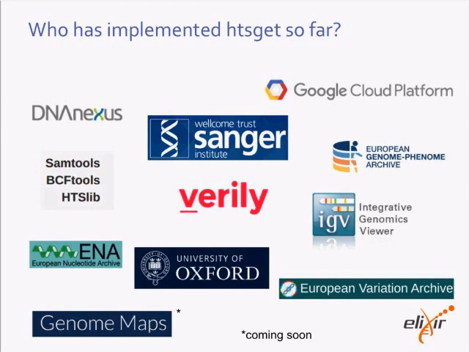SAMtools, part of the HTSlib set of tools, can talk directly to htsget without having to download data. There are servers and clients available from DNAnexus and Sanger Institute. It is now also part of the Google Cloud platform. So if you have genomic data in Google Genomics, it provides you access to that via htsget, and it will soon also be added to Genome Maps.